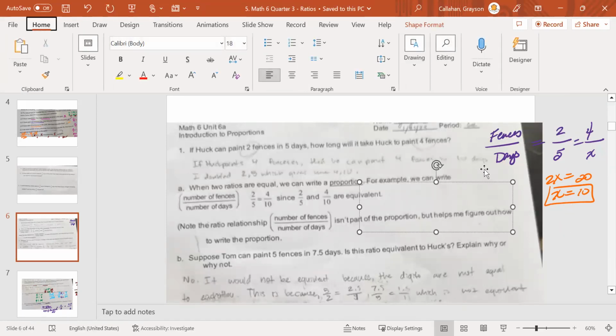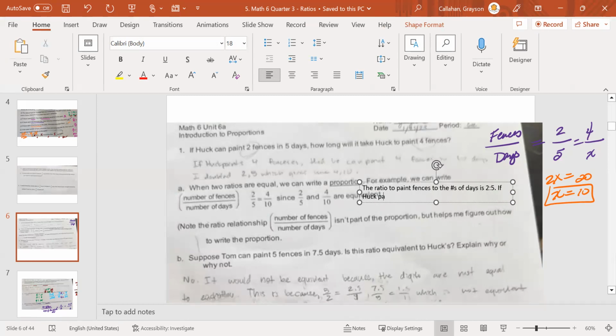Do you understand me? Okay, so if you're going to write anything, you can say the ratio of fences painted to the number of days is 2 to 5, right?